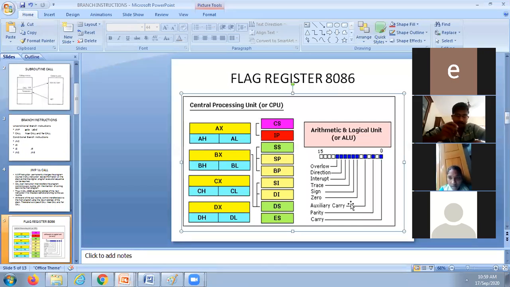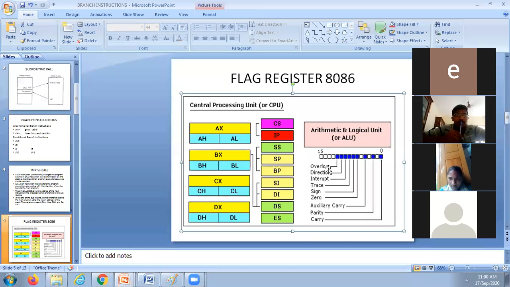Third bit is empty. Fourth bit is auxiliary carry flag. Fifth is again empty. Sixth bit is zero flag. Seventh bit is sign flag.